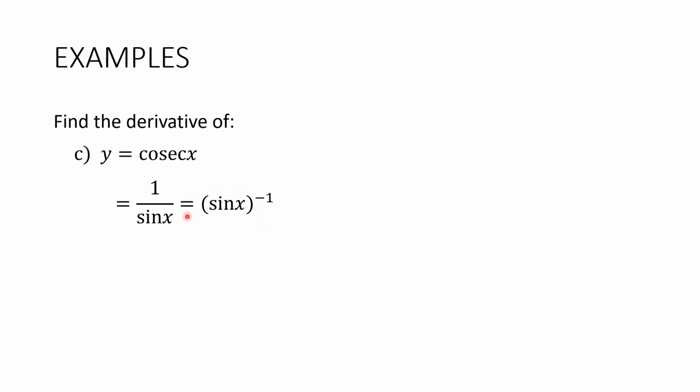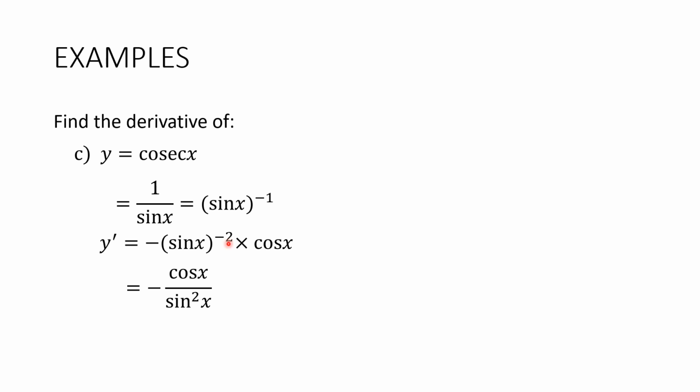So outside function is power rule, inside function is trig. So we're going to do the negative 1 comes down, sine x to the power of negative 2, multiplied by the derivative of the inside function, which is cos x. Hopefully that makes sense to you. Let's drop this down to the denominator. We end up with negative cos x on sine squared x.